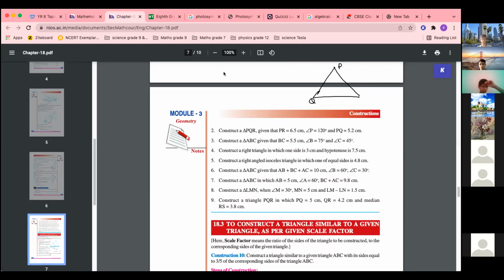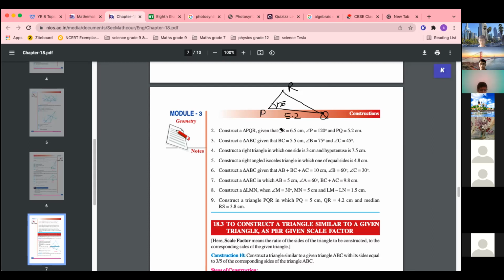Let us draw angle P at the bottom, so that is why we draw a rough diagram, because drawing angle P on top is difficult. So let us make P over here, Q and R. Angle P is 120 degree. It is a rough diagram, so I can draw like this. PQ is 5.2, and PR is 6.5 centimeter.